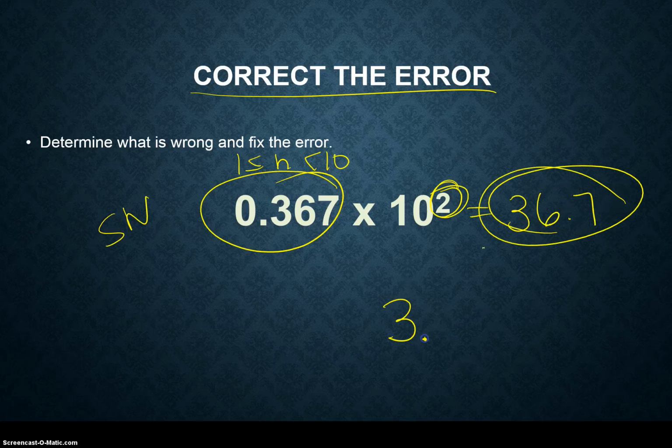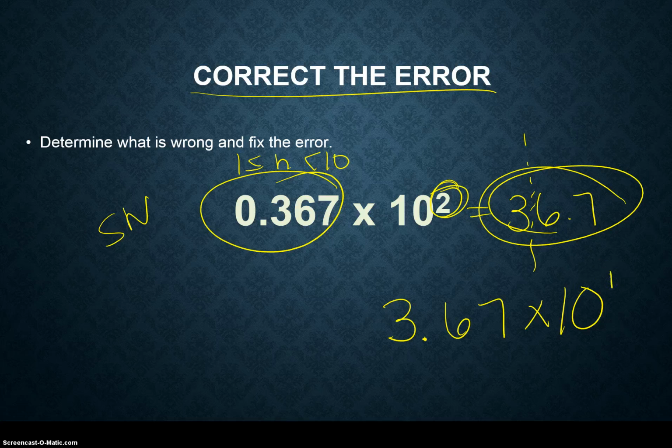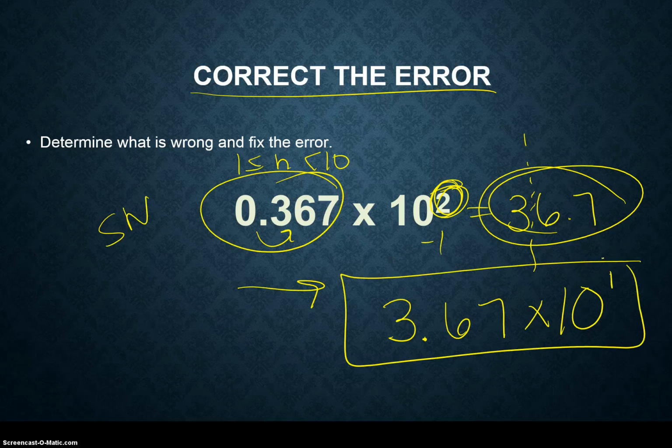It'd be 3.67 times 10 to the first power. Another way you can do it is say, to fix this, I have to move it 1 right. And if I move it 1 right, that means this exponent has to decrease by 1. So I subtract 1 from 2, and I get 10 to the first power. So this is how you would correct the error.